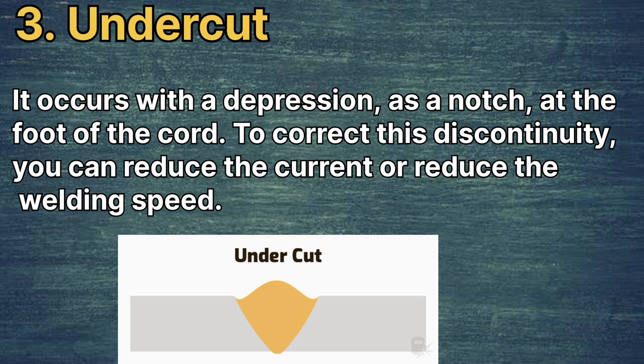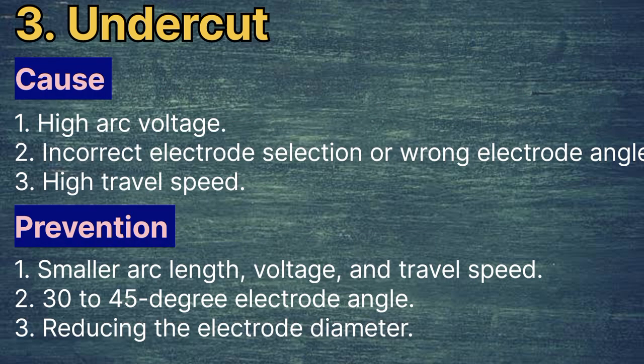Let's understand welding defect undercut causes and prevention. The causes are: high arc voltage. Second is incorrect electrode selection or wrong electrode angle. Third one is high travel speed. And then prevention: a smaller arc length, voltage and travel speed.